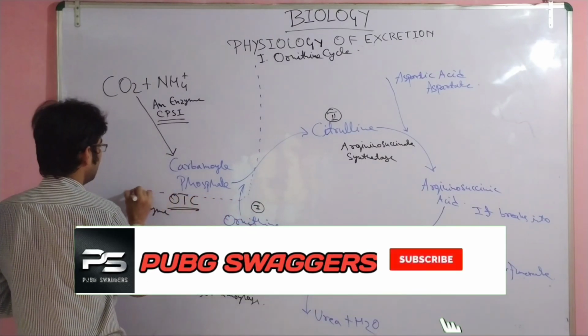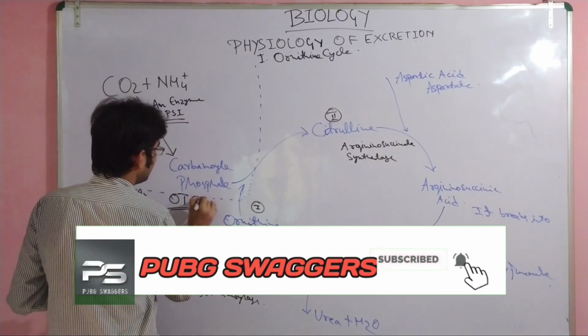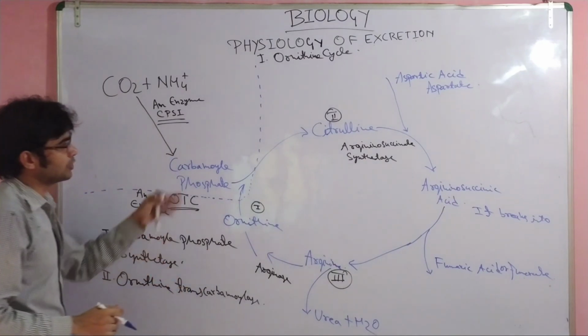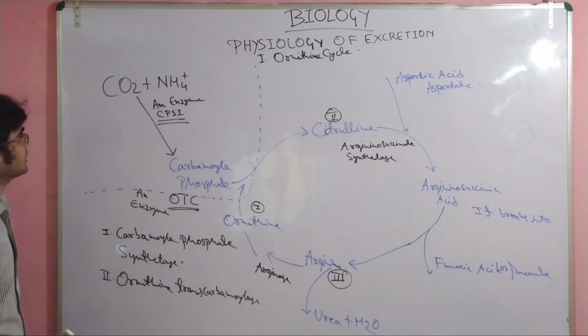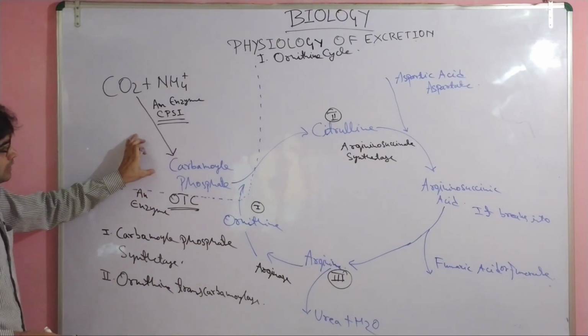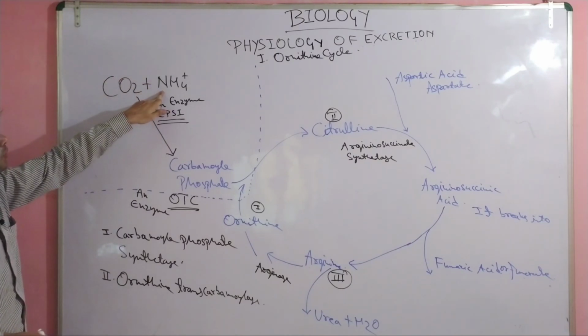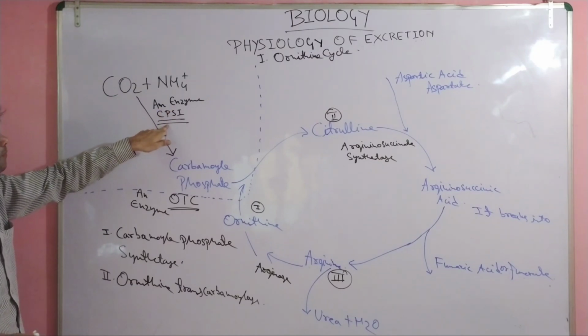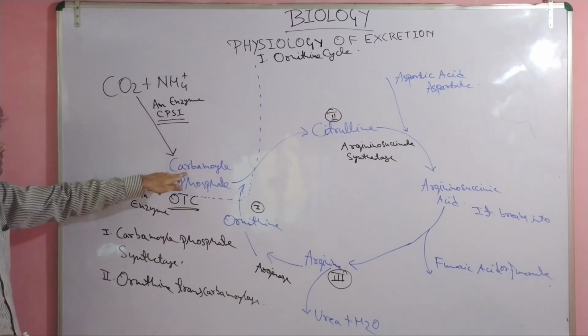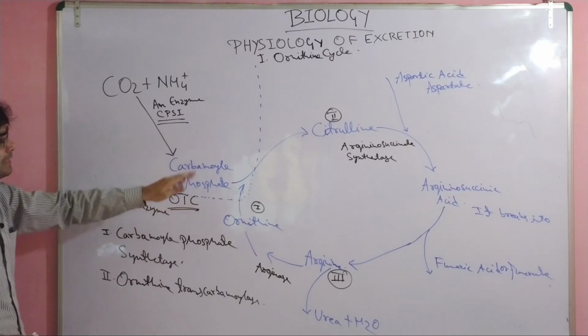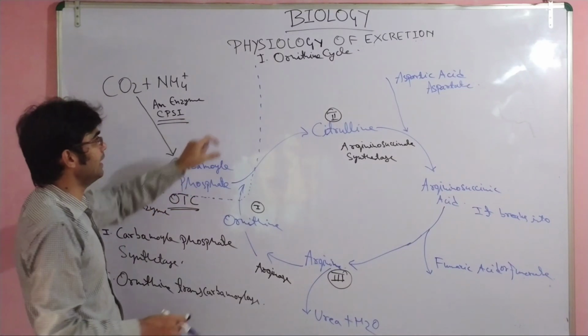I told you this participates in two parts of the cell, one in the mitochondria and the other in the cytoplasm. When the CO2 combines with ammonium in the presence of the enzyme CPS 1, it forms carbamoyl phosphate.